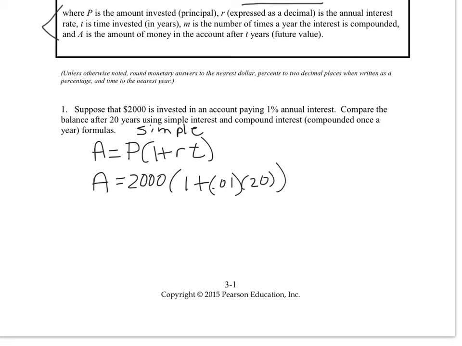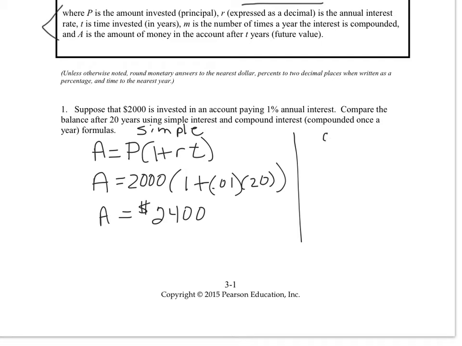Now, if I put this into my calculator, I multiply it out, I come up with $2,400. I will have earned $400 in interest if this is being calculated with simple interest.